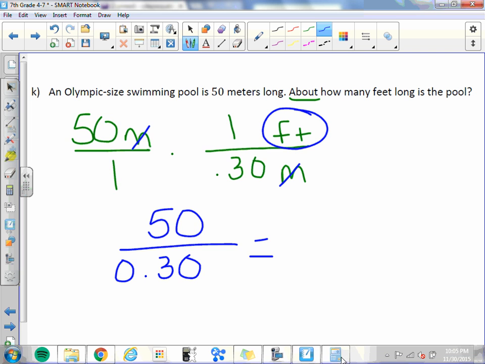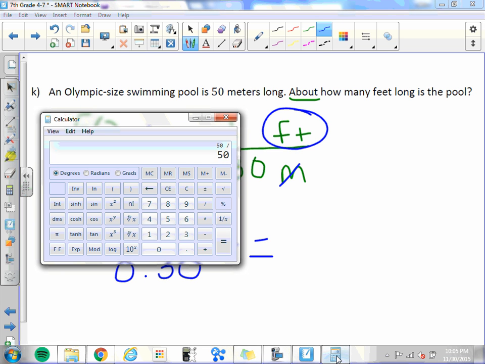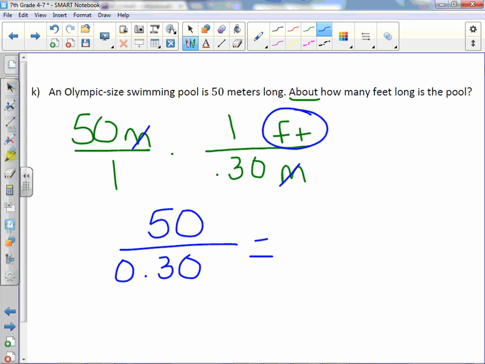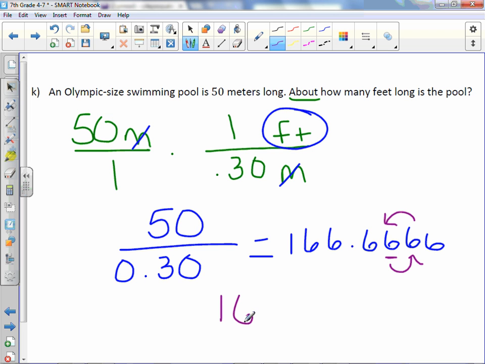Divide. You get 166.6 repeating. So let's write out a few digits. 166.666 repeating. Let's keep with the hundredths place here. Find your place. Look next door. 5 or greater. Add 1 more. So 166.67 feet.